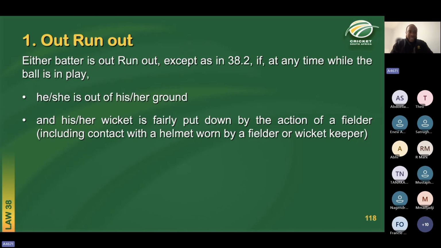But that is not the case for the laws of cricket. In the laws of cricket, as long as we do not call and signal dead ball for a serious injury, then the ball stays alive when it makes contact with a helmet worn by a fielder or a wicketkeeper.